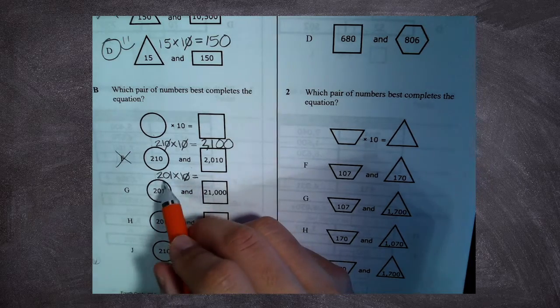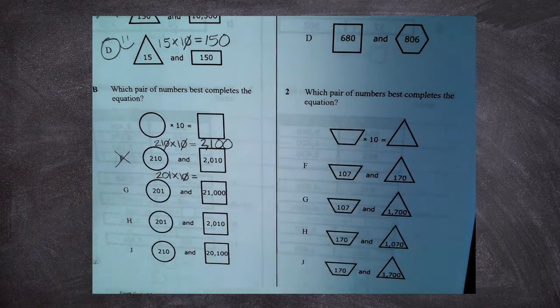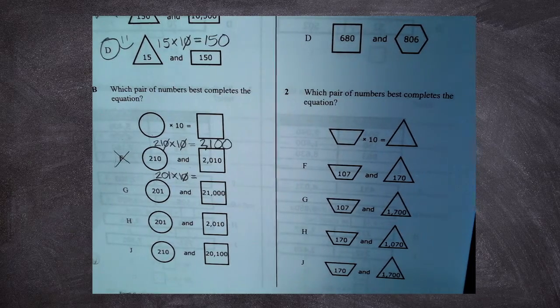What do you think it would be, Violet? 201 times 1. Okay. Not bad. Remember, there's a trick to multiplying times 1, Violet. Any time that you multiply a number with the number 1, that number does not change.